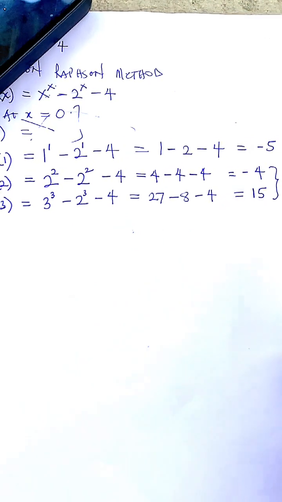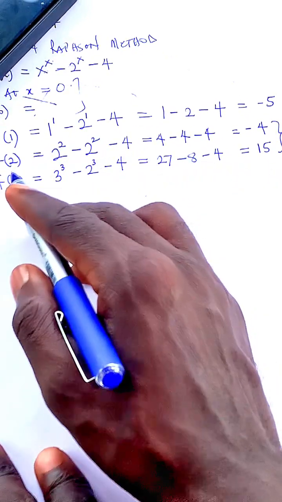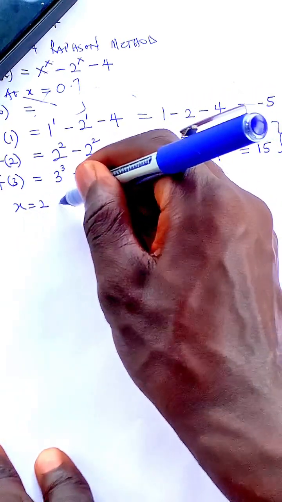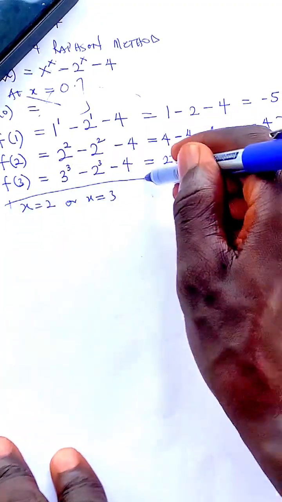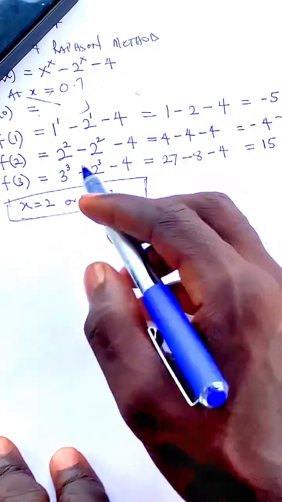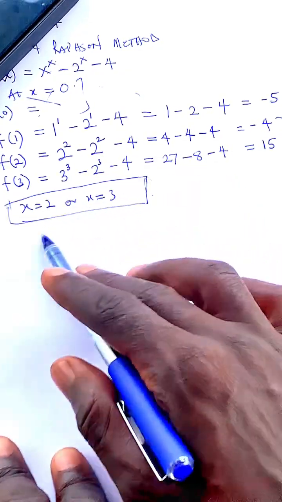So the root is in between x equals 2 and x equals 3. These are not the roots, these are not the answer.